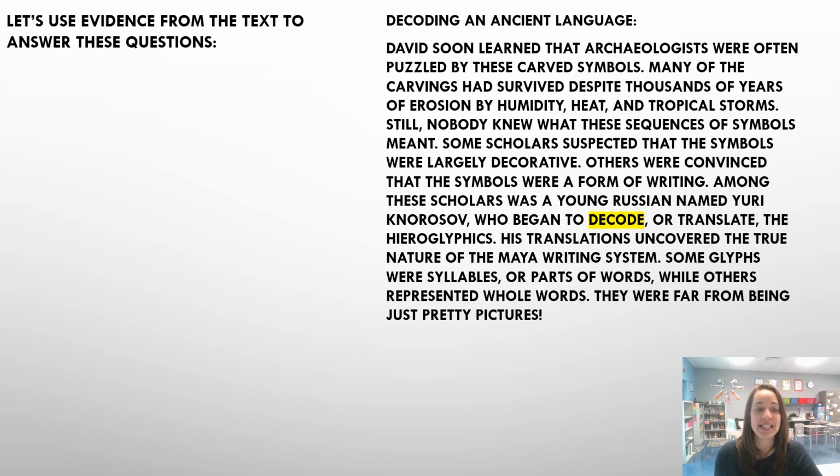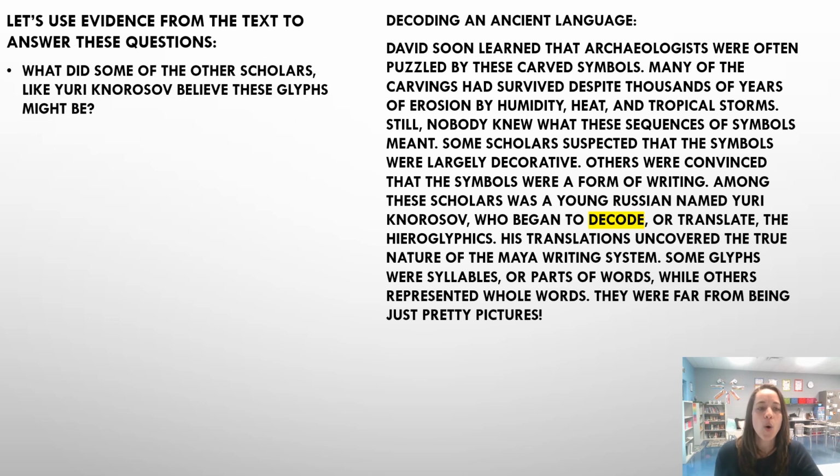Let's use evidence from the text to answer these questions. What do some of the other scholars, like Yuri Norisov, believe these glyphs might be?